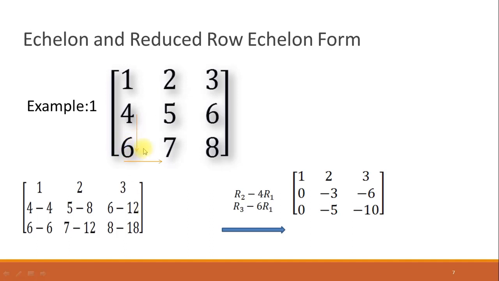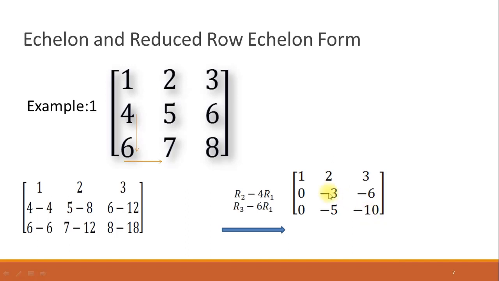Now to make this number 0, we multiply the first row by 6 and then subtract from the third row. 6 from the 6, so 6 minus 6, and 6 times 2 is 12, so 7 minus 12, and 6 times 3 is 18, so 8 minus 18, and we get the new matrix 1 2 3, 0 minus 3 minus 6, 0 minus 5 minus 10.